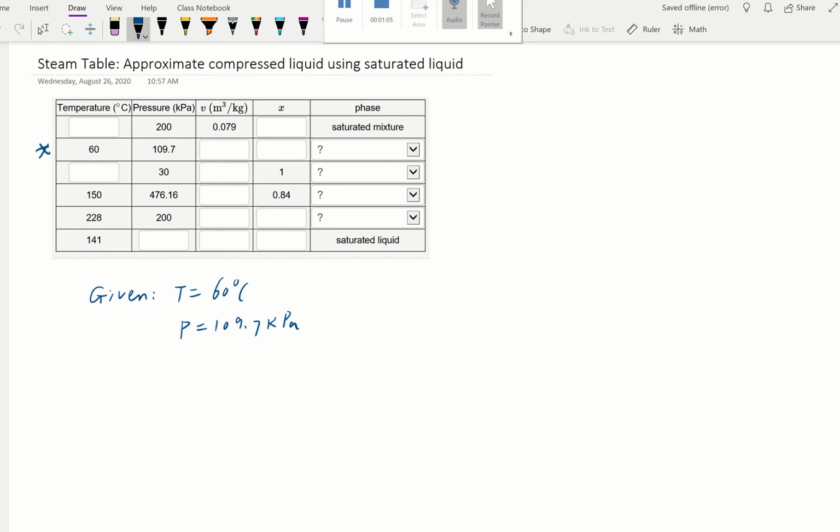Then you will see why the pressure table is preferred by me. So let's see if we go with the pressure table, table A5. So method 1, using the pressure table, and 109.7 kilopascal.